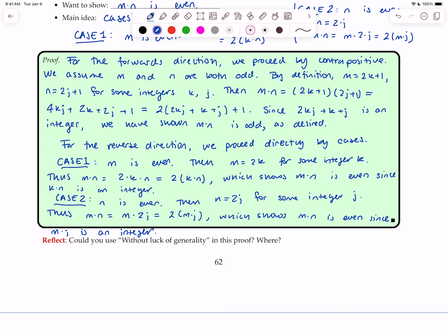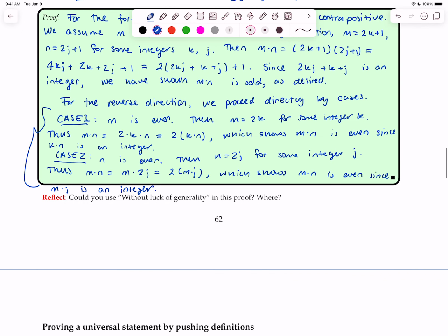So another way to rewrite this piece here, you could say, for the reverse direction, we assume without loss of generality that, and you could pick whichever one you want, maybe m is even.